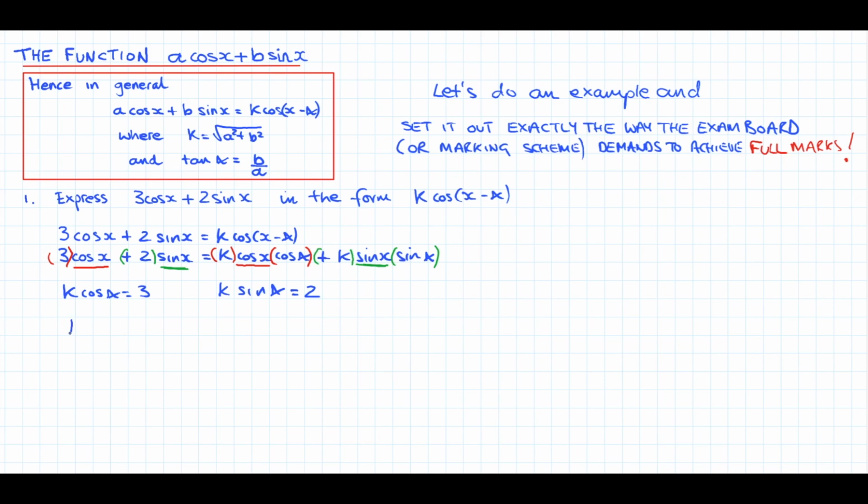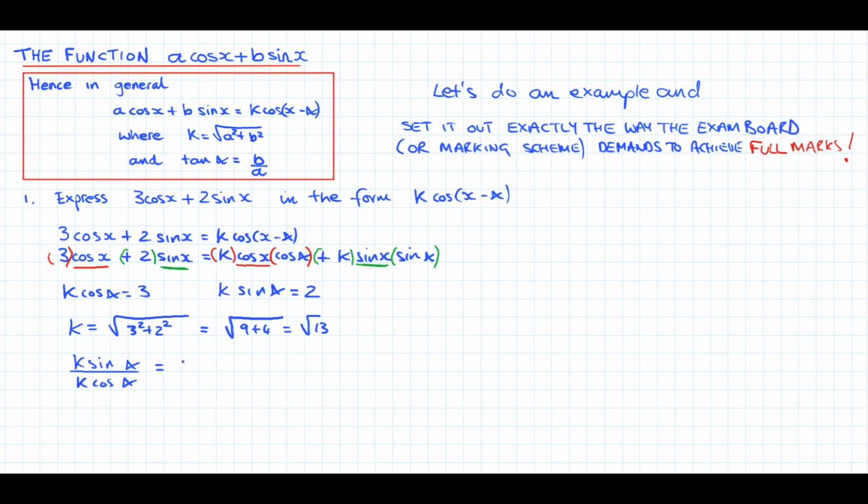After which you just go to k is equal to the square root of 3 squared plus 2 squared, because the steps that were in there in the previous example were to convince you that that was the case. The exam board looked for this. So we have established the value of k. K is equal to the square root of 13. The next thing you want to do is find the value of alpha. And we do this as before. K sine alpha over k cos alpha.